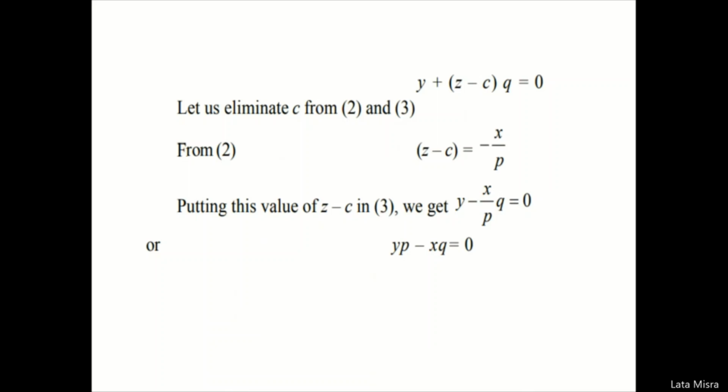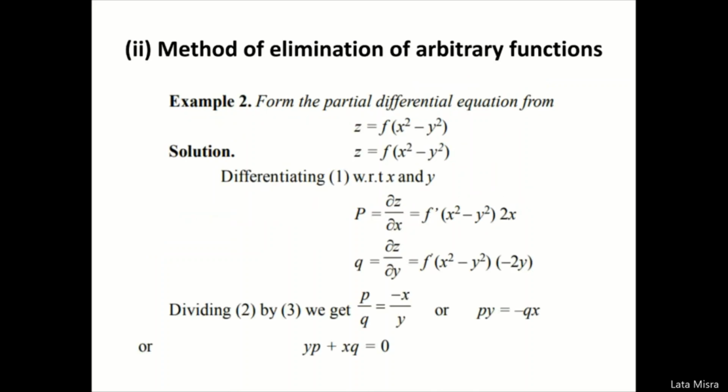We eliminate z minus c between these two equations and we get yp minus xq equals 0, which is the partial differential equation, where small p is del z by del x and small q is del z by del y.